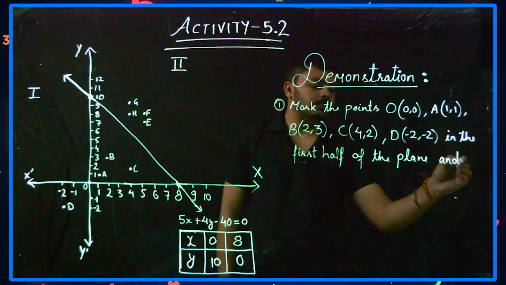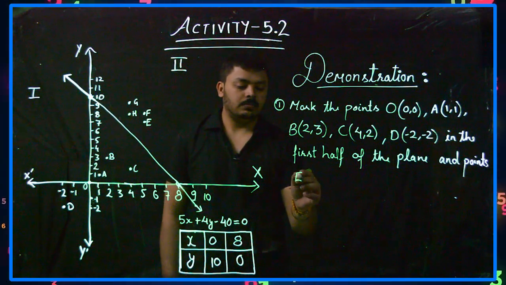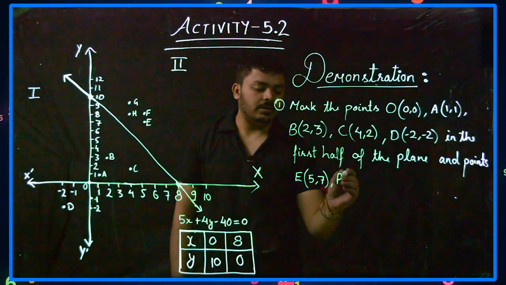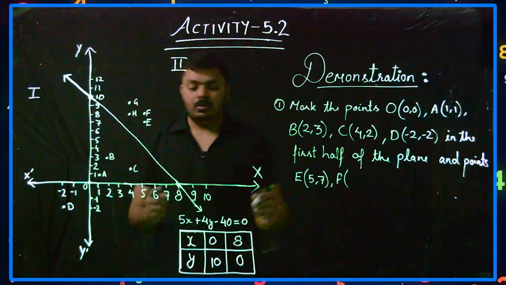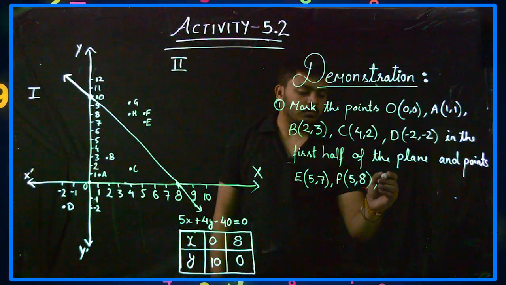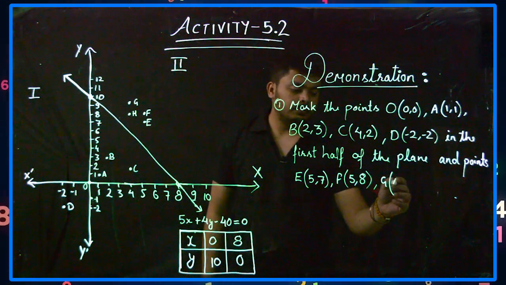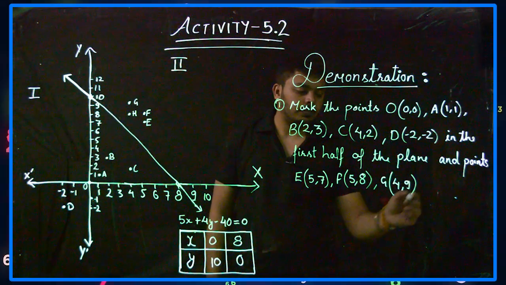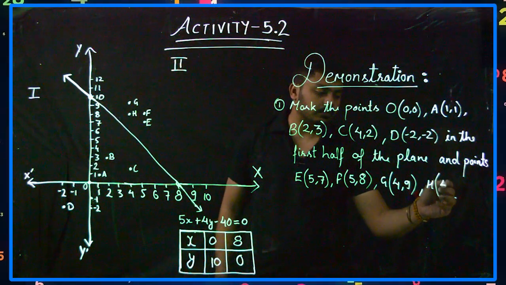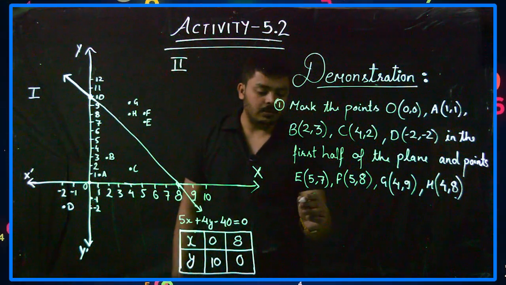And points E (5, 7), F (5, 8), G (4, 9), H (4, 8) in the second half of the plane.